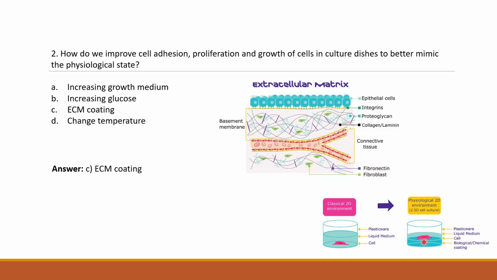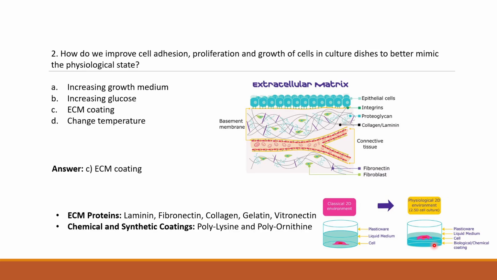Sometimes it will also help in migration of the cells if there are specific conditions where you want to see the migration capacity of the cell. So this kind of coating will help your cells attain a better physiological state.